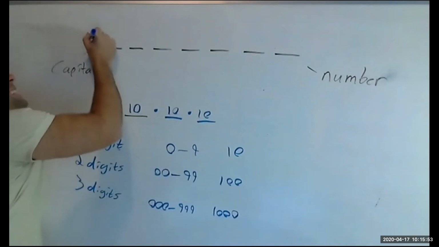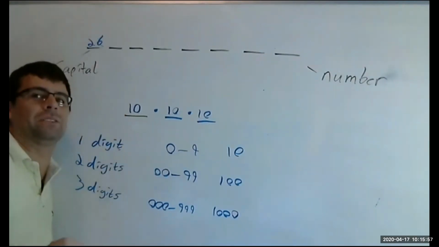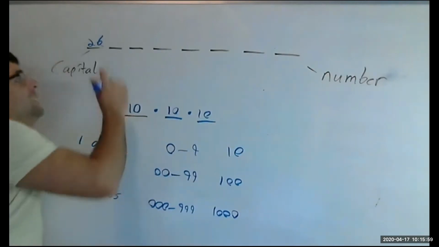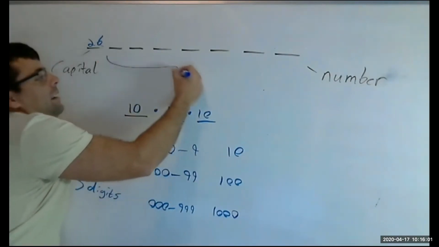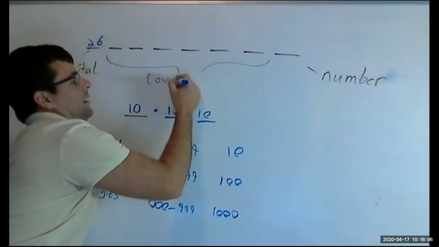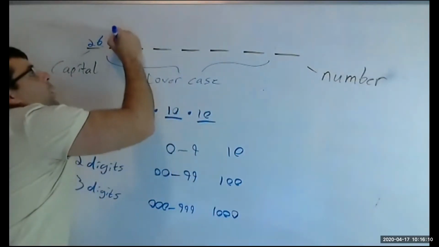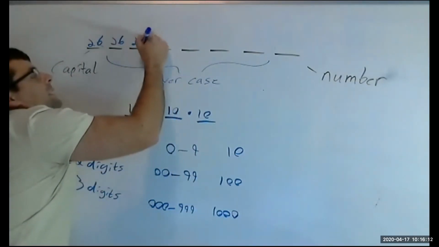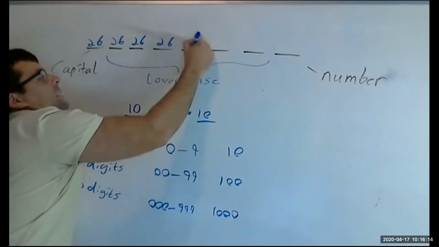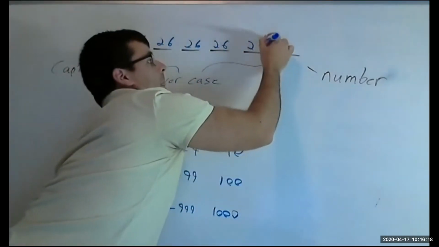Very good. Okay. How many lowercase letters are there? 26. So 26, 26, 26, 26.